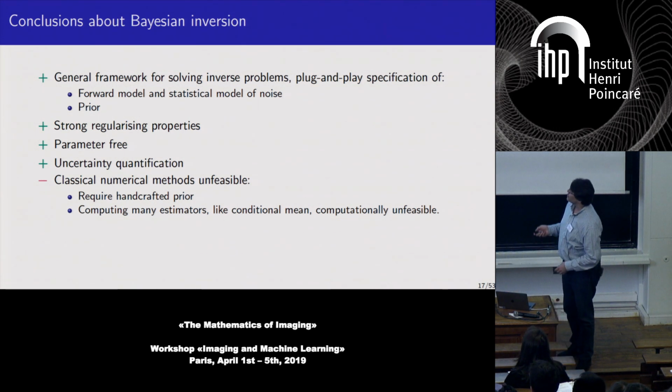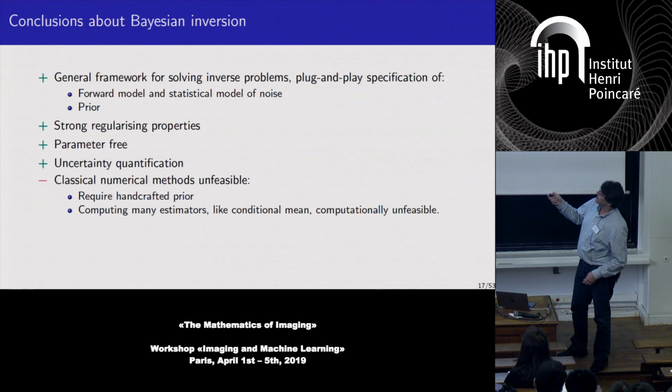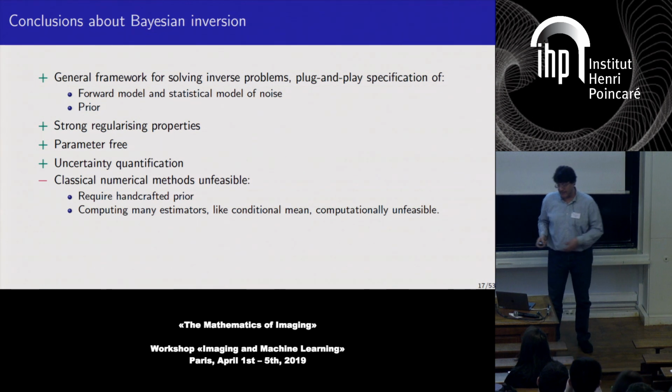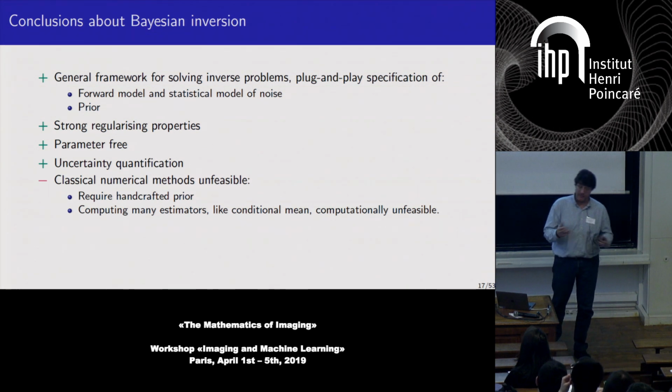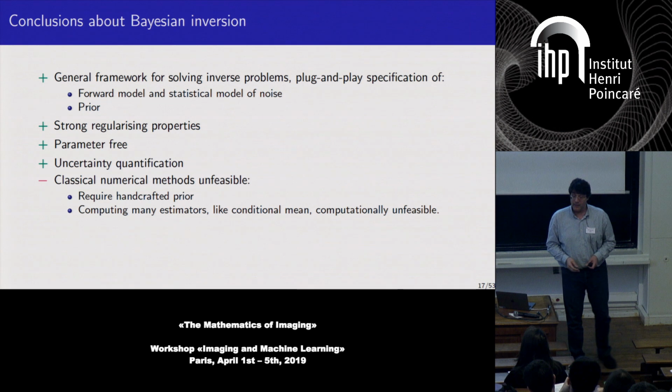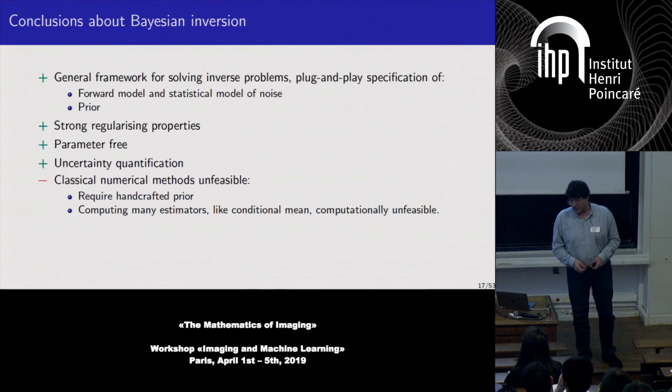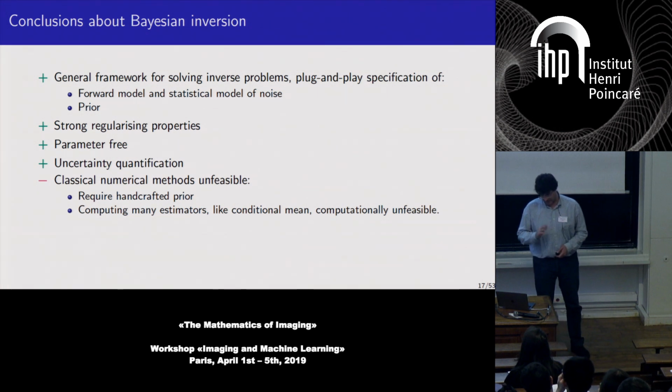And of course, the other issue is computational feasibility. The classical numerical methods, even the recent MCMC techniques that could scale up to maybe even 1 million dimensions, if you look at the really time-critical 3D imaging applications, where you have to have a solution fairly quickly, they don't quite make it, right?